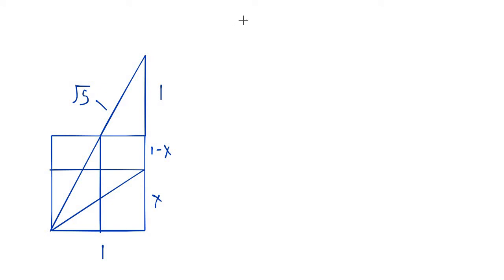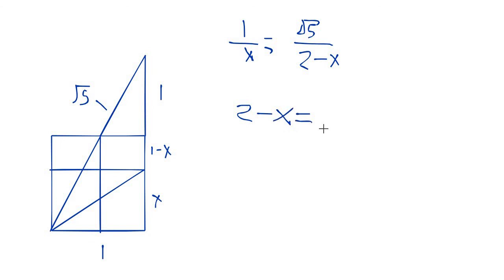So we know that 1 over x now equals this over this side, which is (square root 5 over 2) minus x. And then we do our cross multiplying and we get that. Okay.